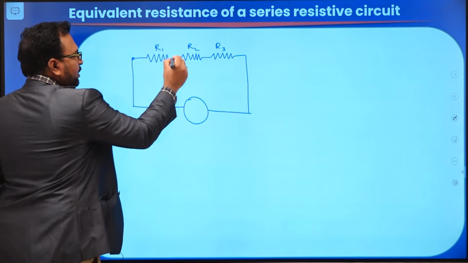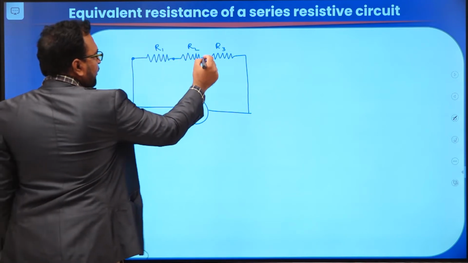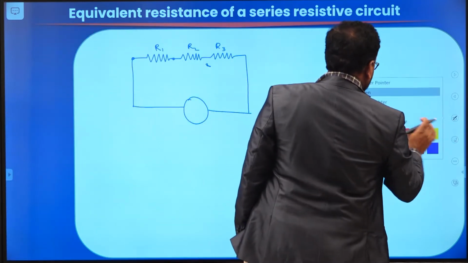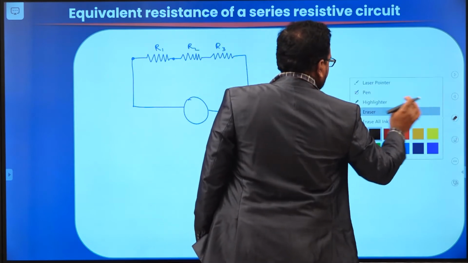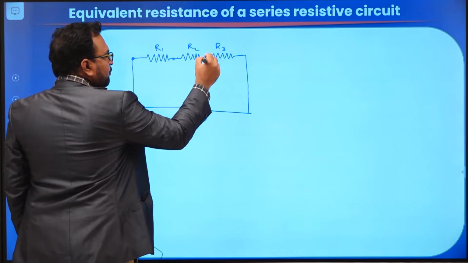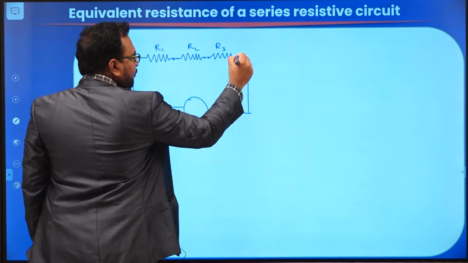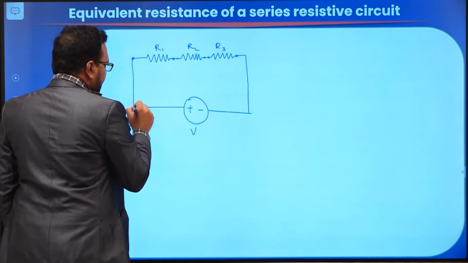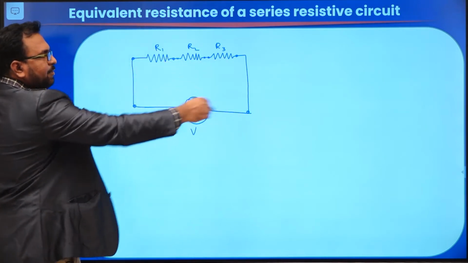Each element will have 2 terminals. R2 is also having 2 terminals. Similarly, R3 is having 2 terminals, and the voltage source that we have connected is also having 2 terminals. Now here the terminals are connected end to end.